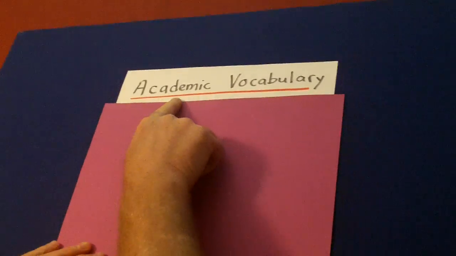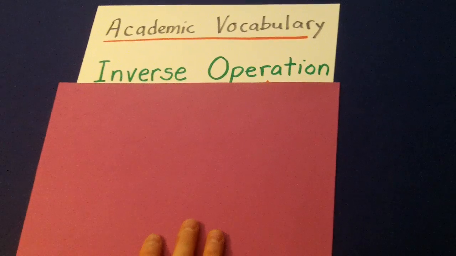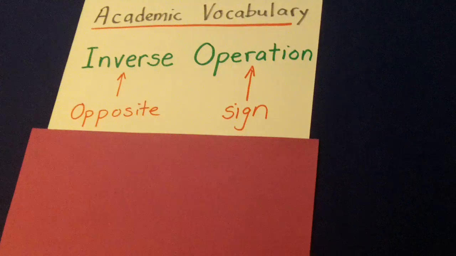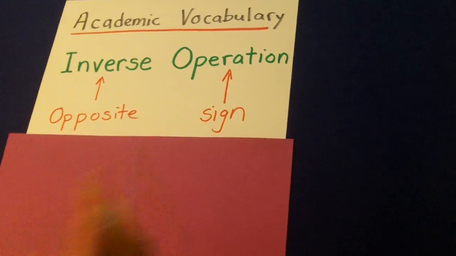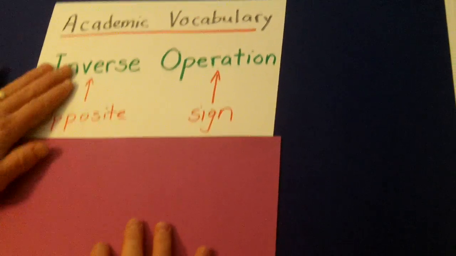Okay? Now let's just go over a phrase that is part of our academic vocabulary. Inverse operation. Inverse operation means the opposite sign. This is used when we have to solve for x.